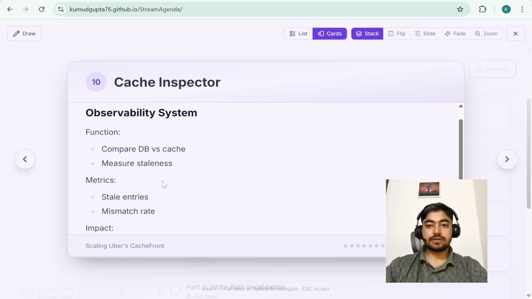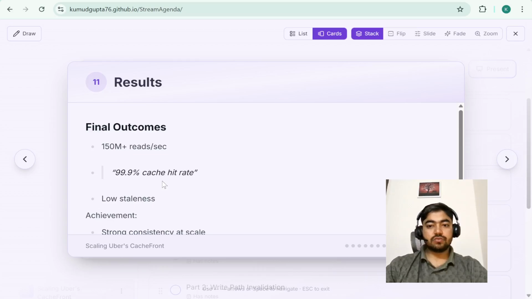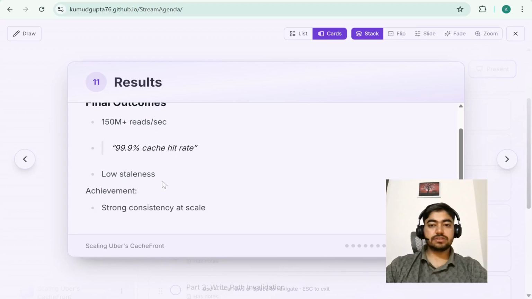It tracks stale entries, mismatch rates, and gives real visibility into how the system is performing, and the results are impressive. Over 150 million reads per second, with more than a 99.9% cache hit rate. So with this, Uber achieved both scale and strong consistency, which is not easy.